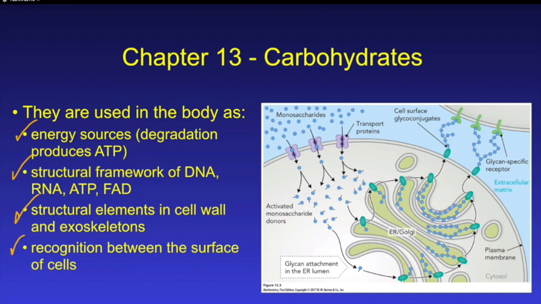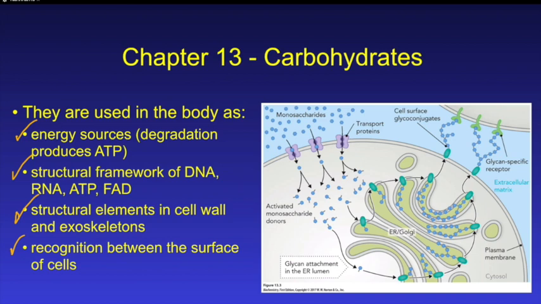We're going to place sugars in a particular sequence of bonding, which will create unique three-dimensional structures, and each three-dimensional structure can be informational. I might put a certain sugar on the outside of a cell to distinguish that cell as being a certain type because of that shape.